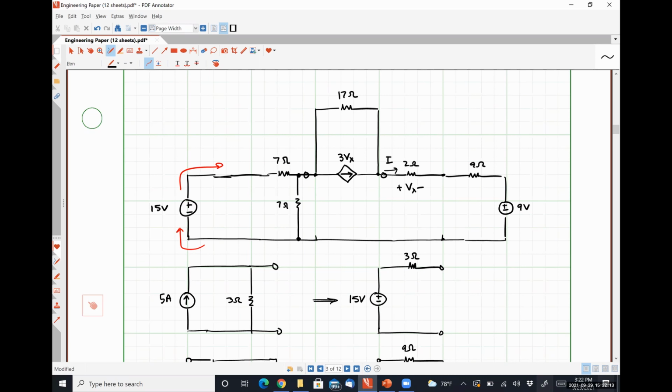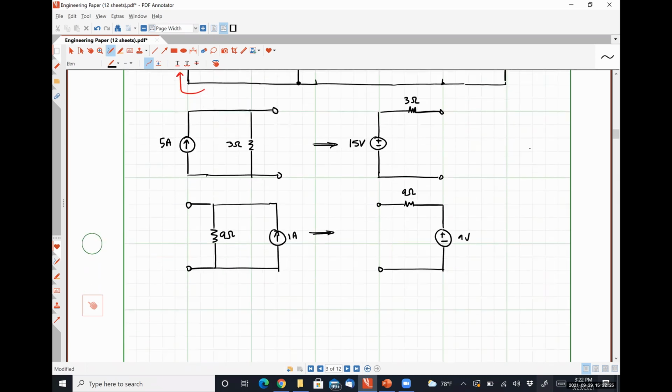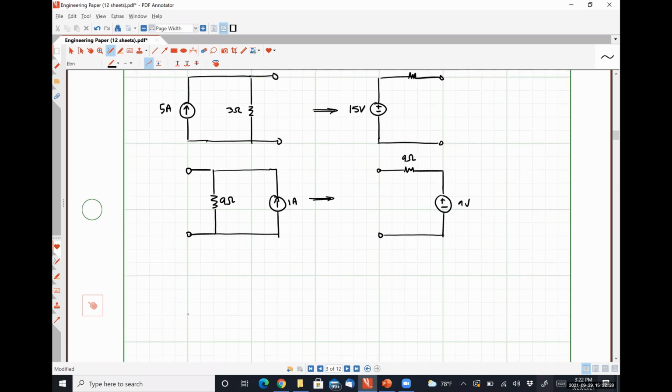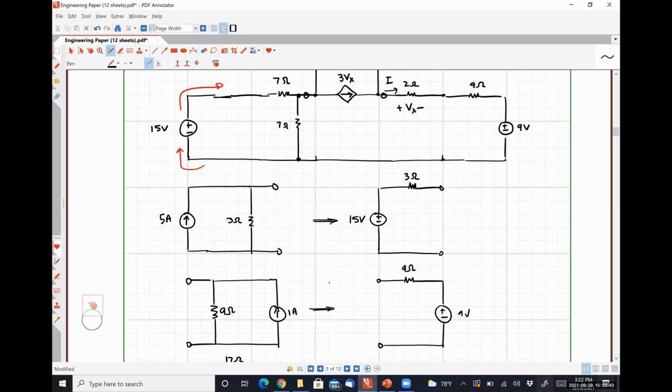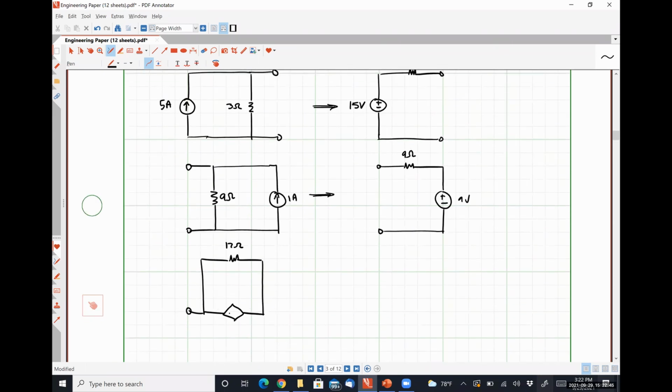I just made it easier to draw a pair of terminals for me to unplug that practical current source that contains the dependent source, and then I can plug back in its equivalent. So we have between this terminal a 17 ohm resistor in parallel with a current source, direction to the right, having a voltage of 3Vx.